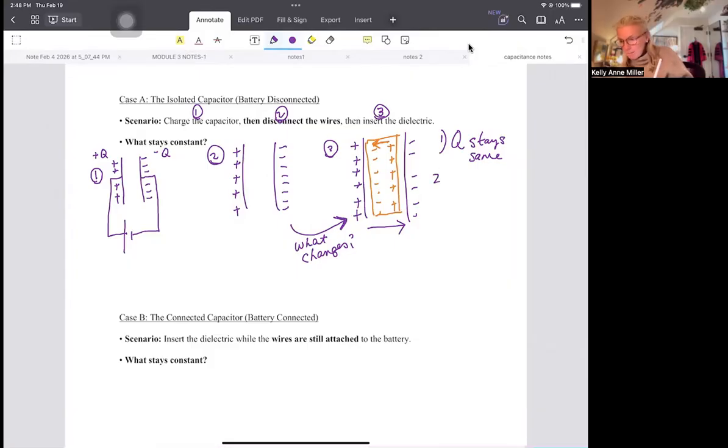The capacitance increases for the reason that I just explained. Capacitance goes up by a factor of whatever your dielectric constant is. So you take the capacitance that you had before in air, whatever the capacitor had before in air, and you multiply it by the dielectric constant.